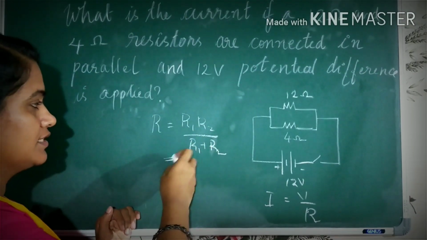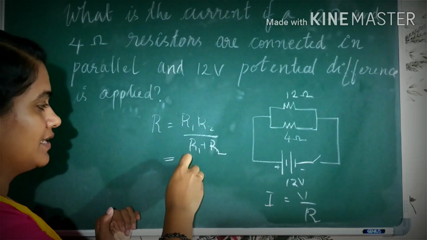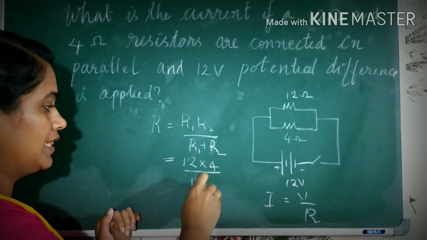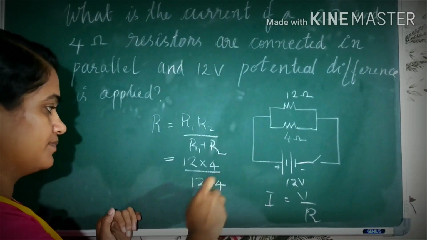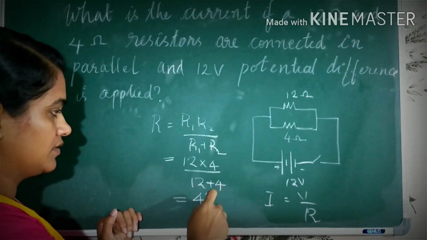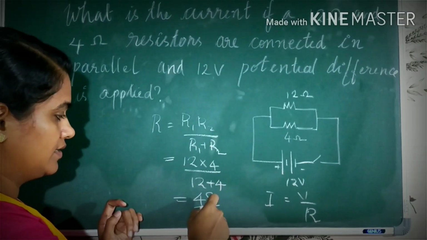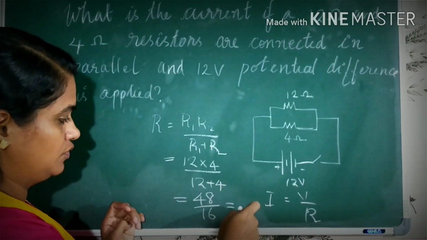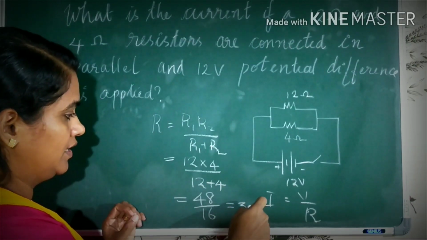Substituting the values, 12 into 4 by 12 plus 4, that is 48 by 16, which is equal to 3 ohm.